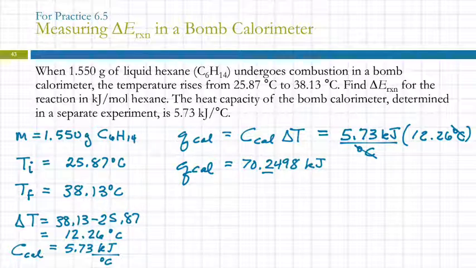So for Q-cal, which is the surroundings, it's positive. Q-cal equals negative Q reaction. So if this is Q-cal, then we can also say that Q reaction equals negative Q-cal.